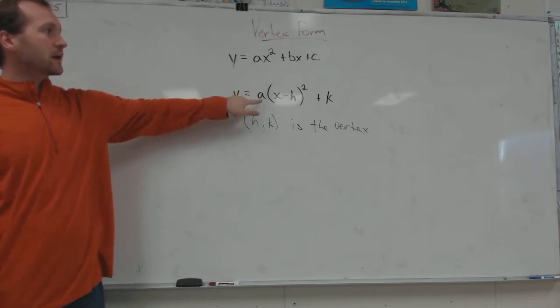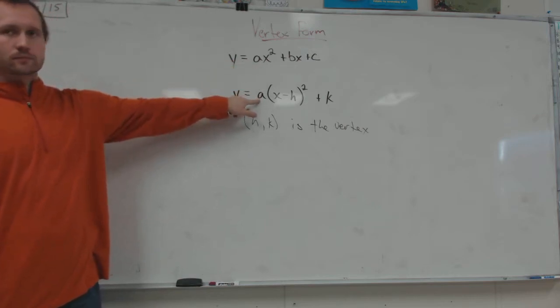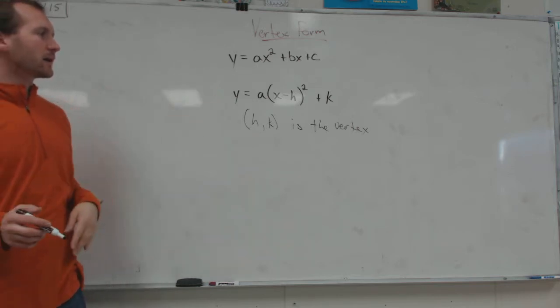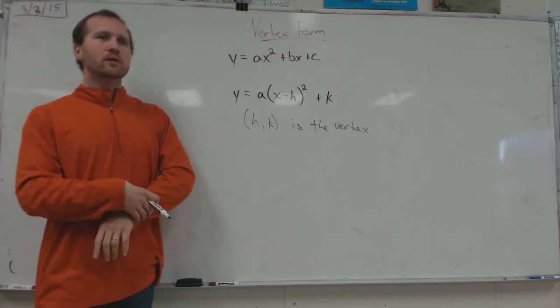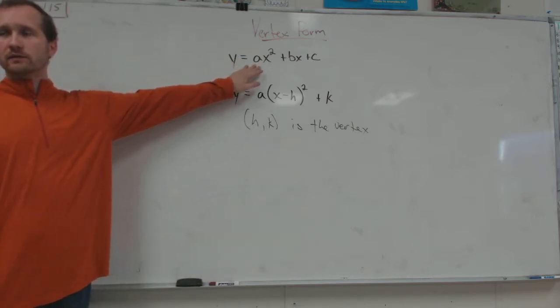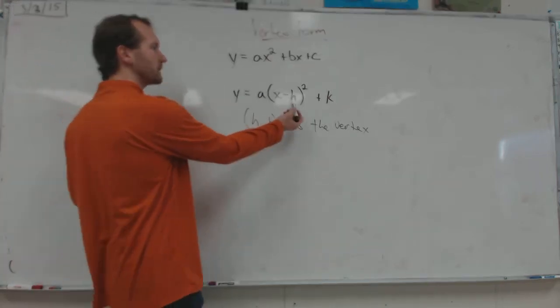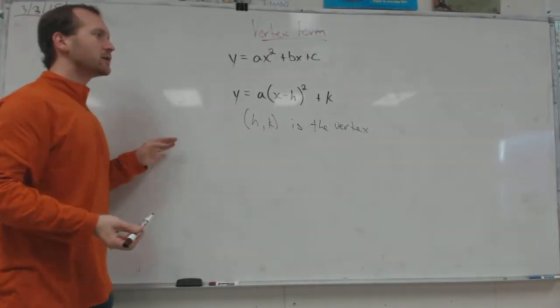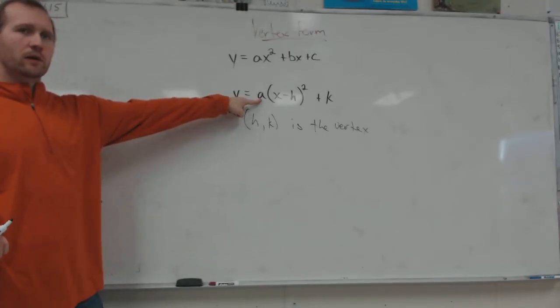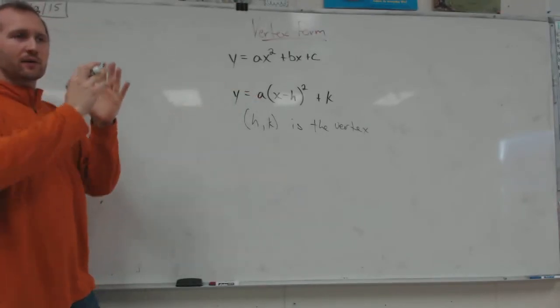These two a's are the same thing. And so if I were to give you a quadratic equation in vertex form, you could graph it much quicker than you can graph a quadratic in this form. Because you immediately know the vertex, h, k, and you immediately know, just like you did before, how wide or narrow that quadratic is going to be.